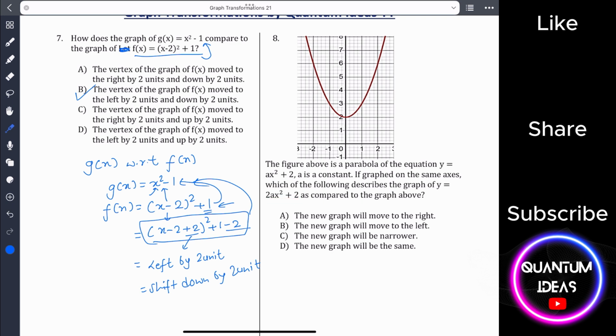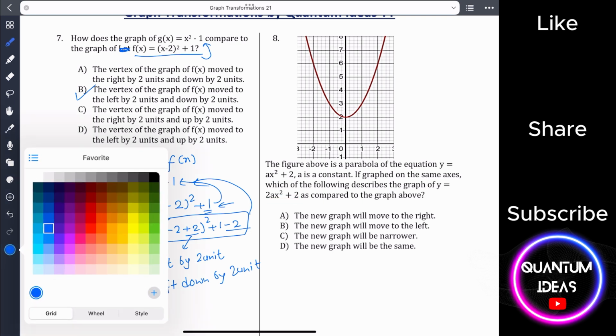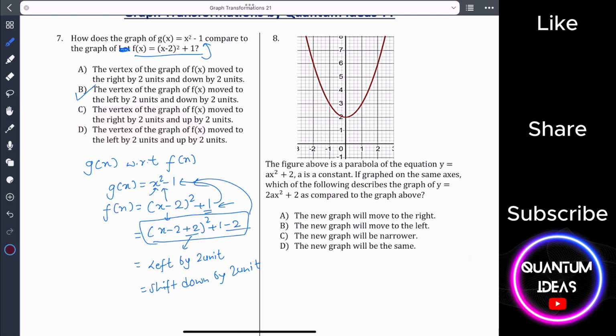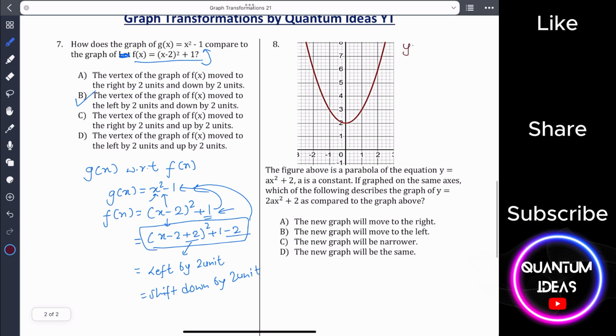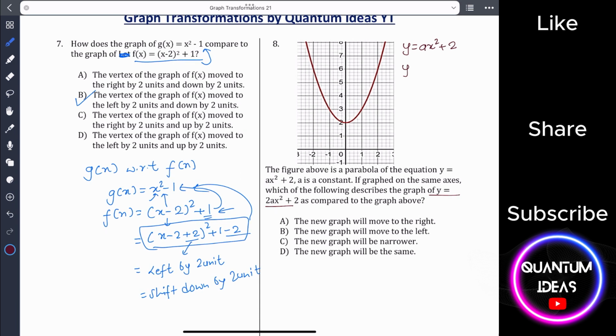We are given the graph for y = ax² + 2, but we have to compare this graph with the equation y = 2ax² + 2.